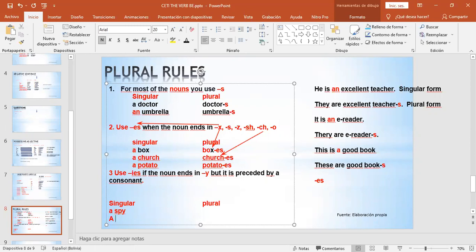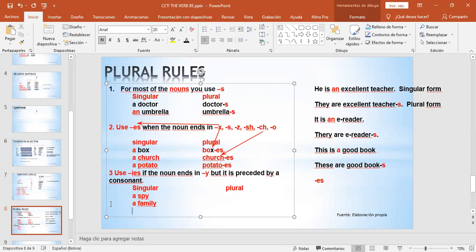A family. Singular and plural. Can you see? So don't sleep, please. Pay attention. Open your eyes and your ears. Singular, a spy.